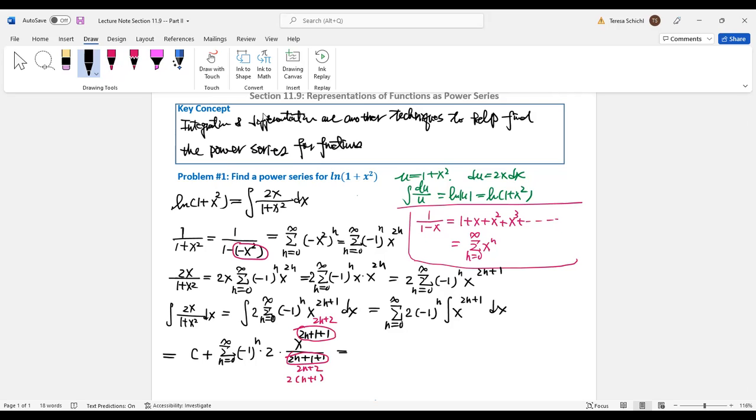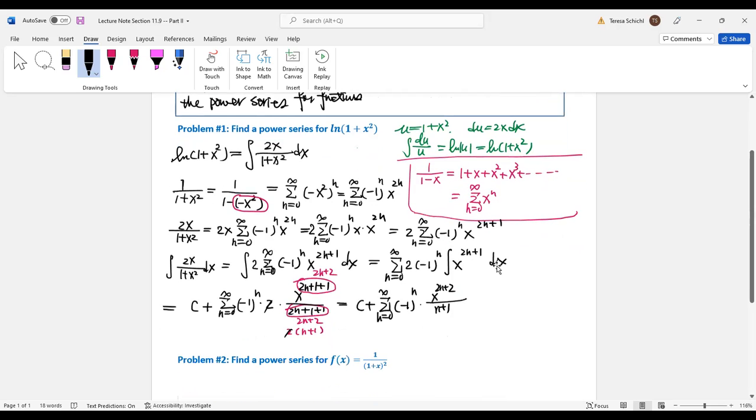So I know this can be simplified to c plus the summation n from 0 to infinity, negative 1 to the n, x to the 2n plus 2 over n plus 1, right? Because this 2 and this 2 cancel. It's n plus 1, and I have this c here.